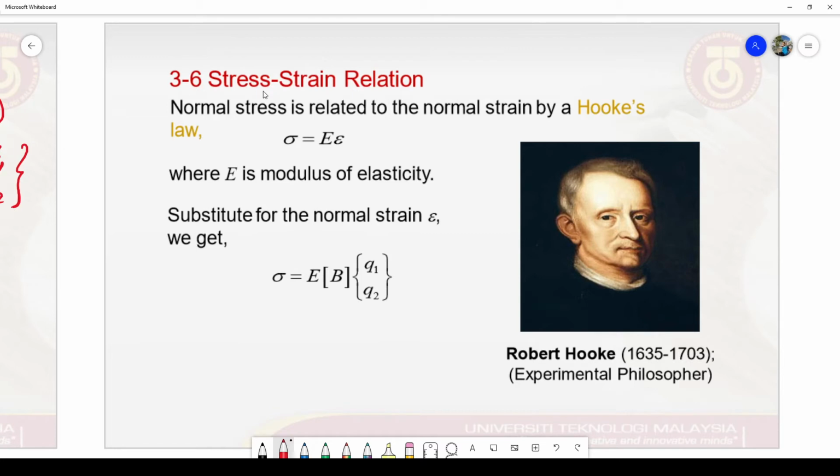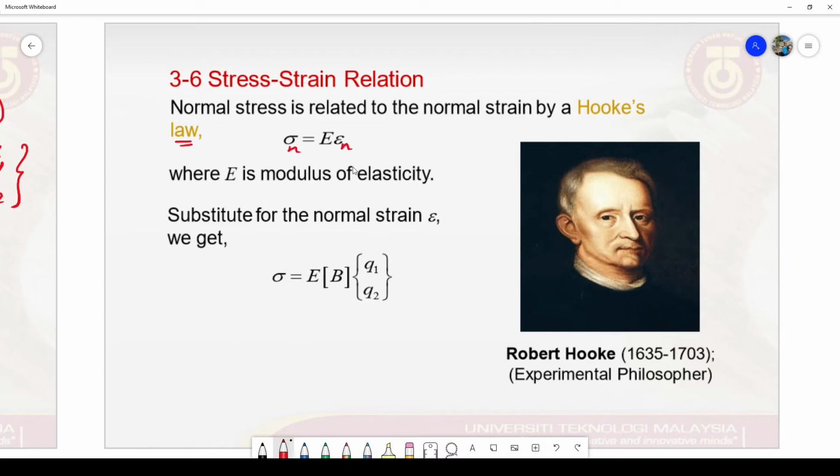So in this slide, we will look at the stress-strain relation. The normal stress is related to the normal strain by Hooke's law, which states that the normal stress is equal to the modulus of elasticity of the material multiplied by the normal strain. So for solving the stress, we require the material information.